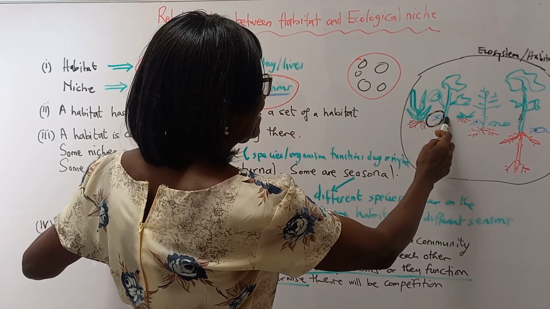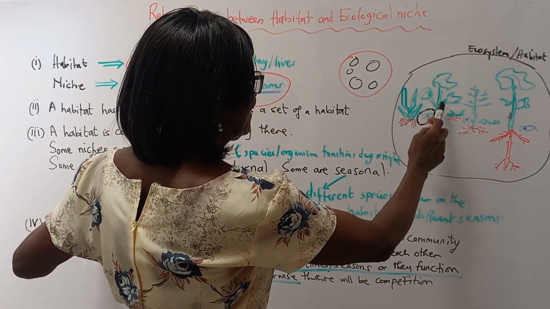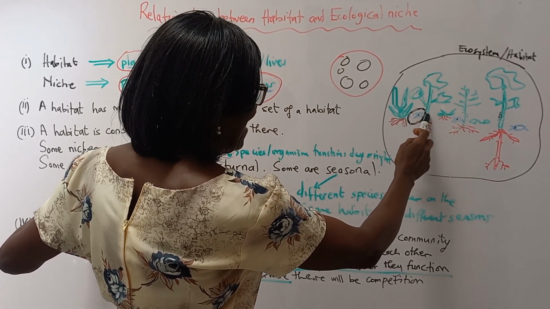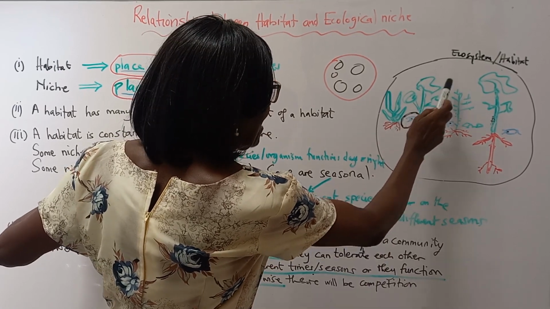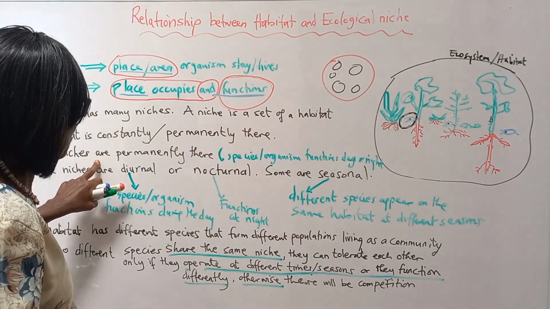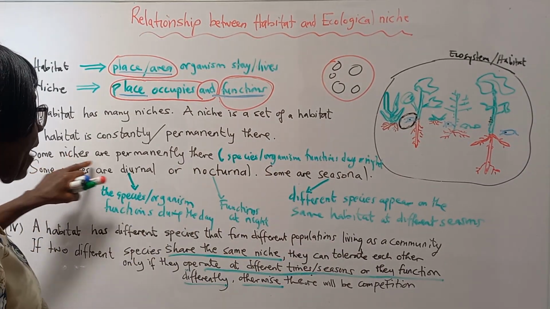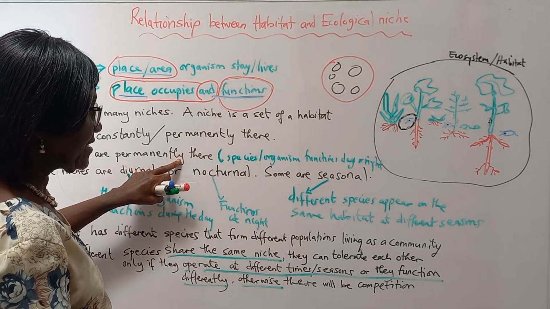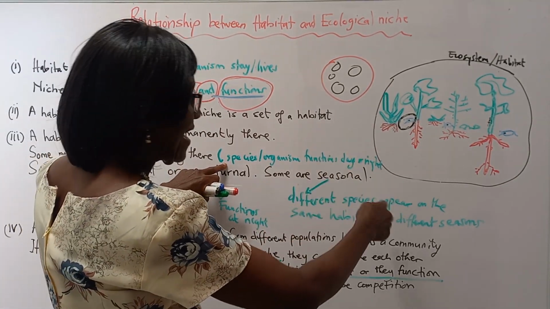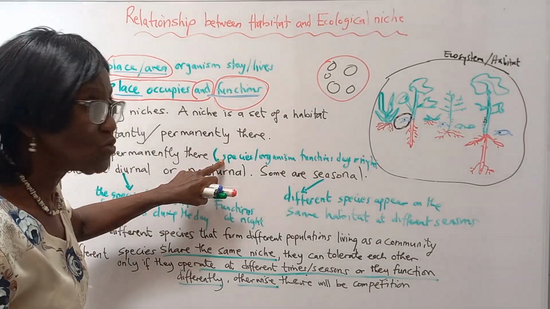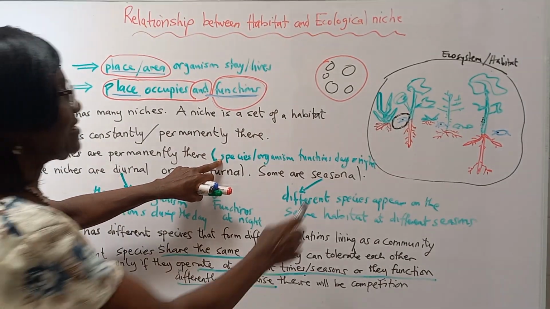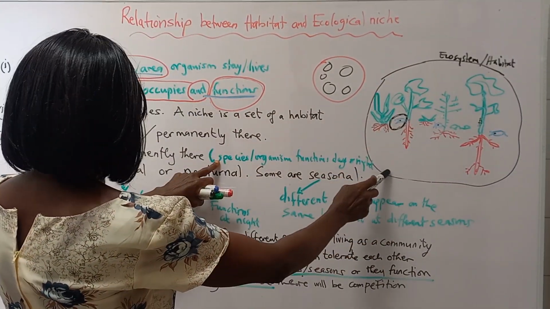Like if you have a plant like this, this plant is there day and night, and every season this species of plant is there in the habitat. So some niches are permanently there, all right, and functioning day and night and all seasons. Some organisms too can be permanently there, just like the habitat is permanently there.